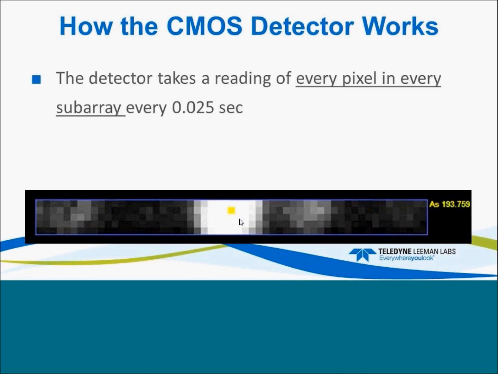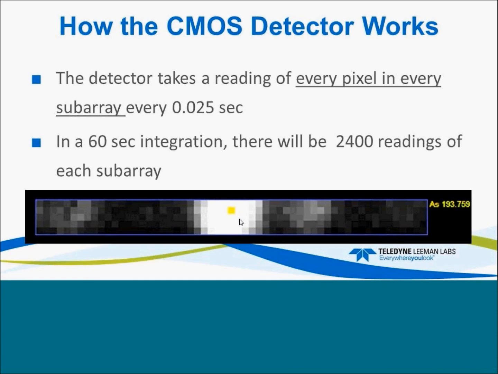So what we do is we take a reading of every pixel in every subarray every 0.025 seconds, or every 25 milliseconds. Okay? So if we integrate for 60 seconds, there's going to be 2,400 readings of each subarray and whatever number of subarrays. Okay?